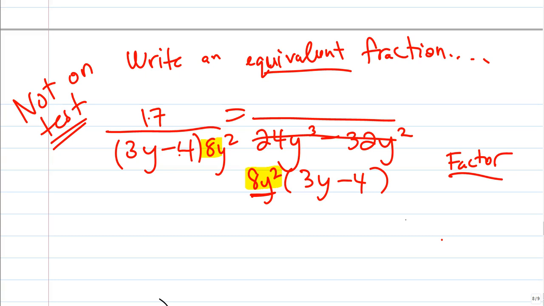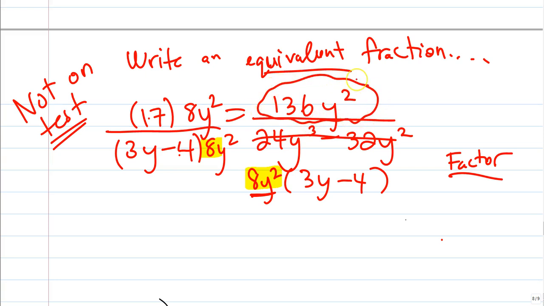What would we have to do to the top? Well, we'd also have to multiply it by 8y squared. So what does the top become? 17 times 8, about 80 plus 56 is 136 y squared. And that would be the answer. That would be the number that makes the two fractions equivalent.